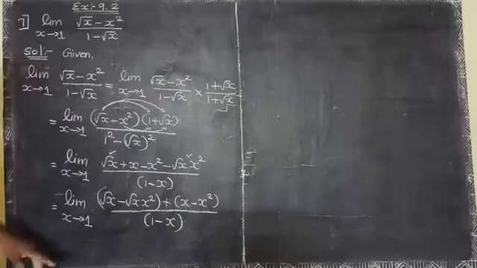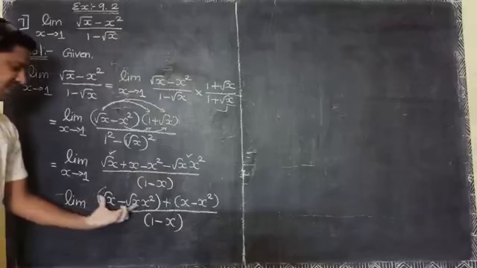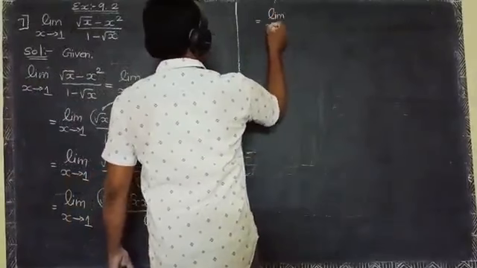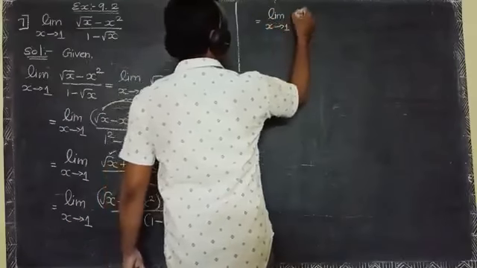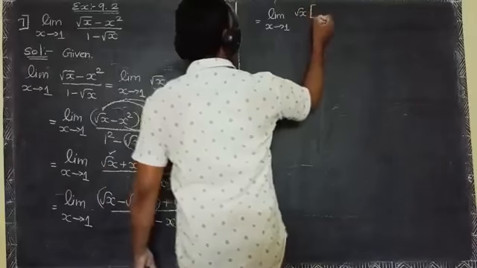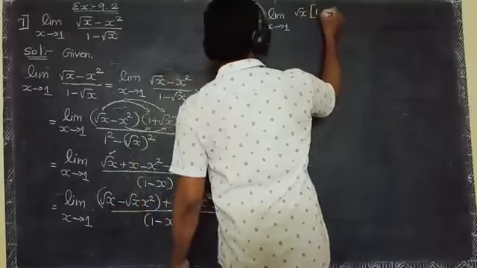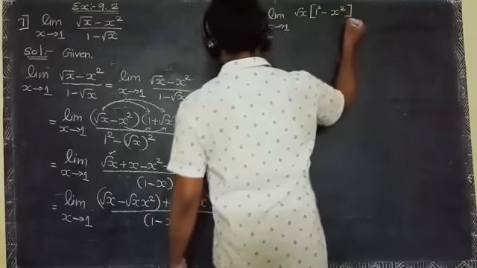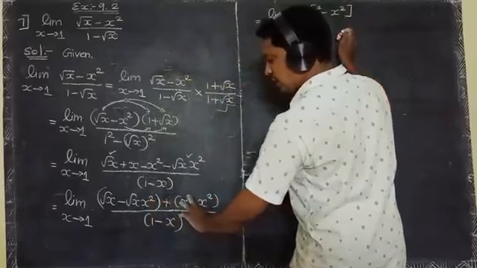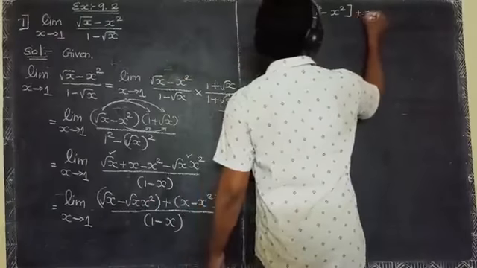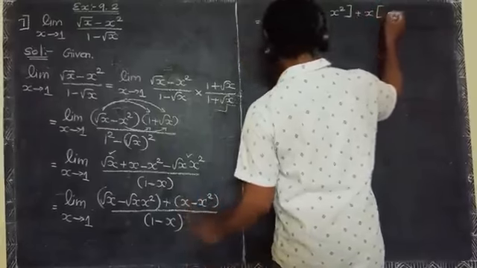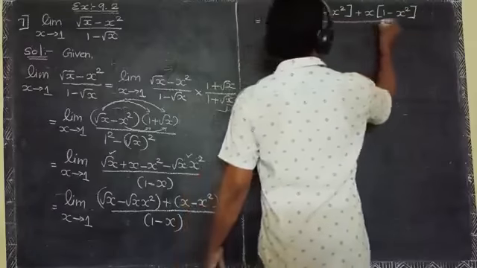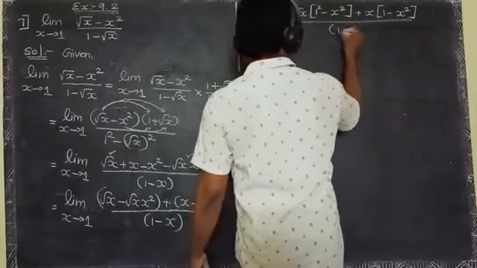Here take outside root x in the first term, that is 1 minus x square, and 1 can be written as 1 square minus x square. In the second term, take outside the factor x, that is x into 1 minus x square. Then the denominator is 1 minus x.